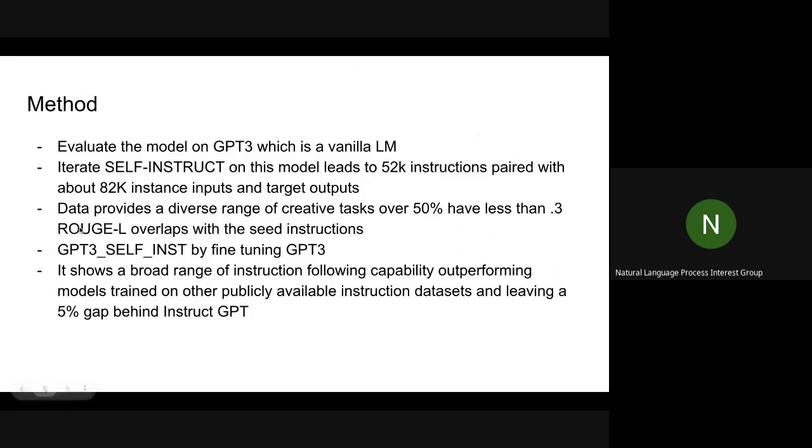And then this data provides a diverse range of creative tasks. Over 50% have less than 0.3 ROUGE-L overlap with the seed instructions. So this essentially means it's not recreating the same thing paraphrased in different ways. They try to ensure that it's covering a large breadth of tasks. I don't know if you all have seen, but there are some other papers recently about whether you can recreate the performance of high performing instruction tuned models just by taking a lot of their examples and using that to fine tune a smaller model.